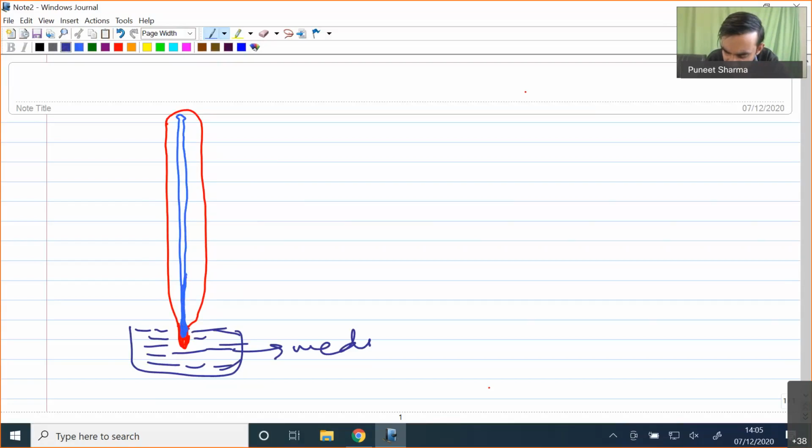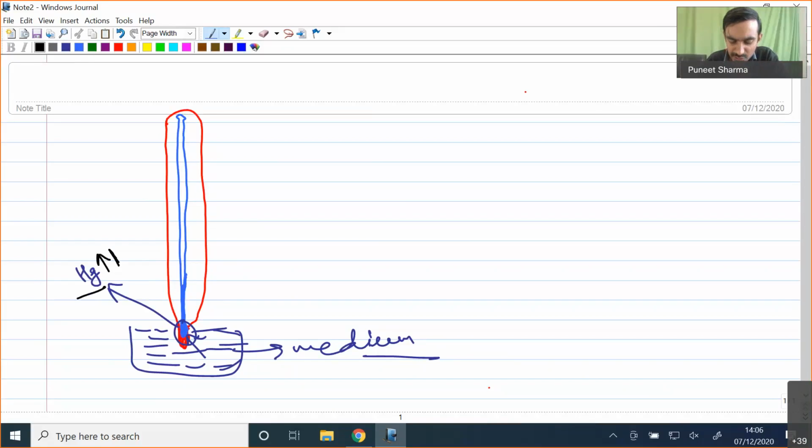Once we place the medium here, if the medium has a higher temperature than the thermometer, there will be transfer of heat from the medium to the sensing part of the thermometer. Because of that, the mercury inside will increase in temperature.